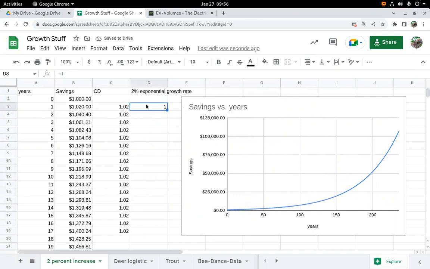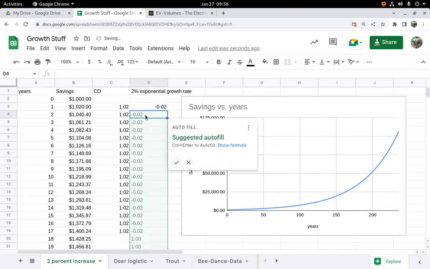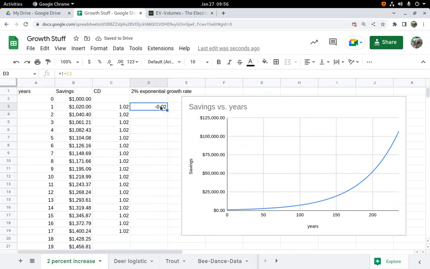Oops, apparently I missed the minus. Wrong order of operations. Equals this minus 1 gives me the percent change. So there's my 2% increase in my account. Growth multiplier here, growth rate there. So this right here is my 1 plus R. And 1 plus R is always going to be some period divided by the period before. Take 1 away from that and you get the growth rate.